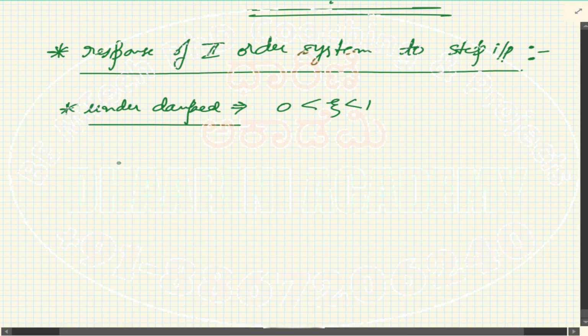All right, so the output c of t is equal to, this is the standard equation which is widely used.